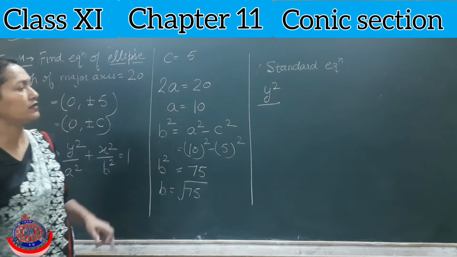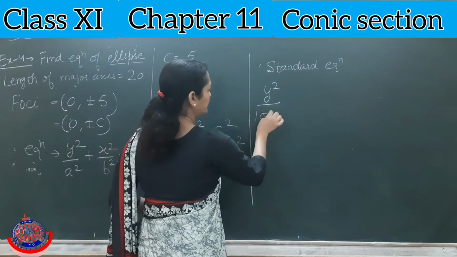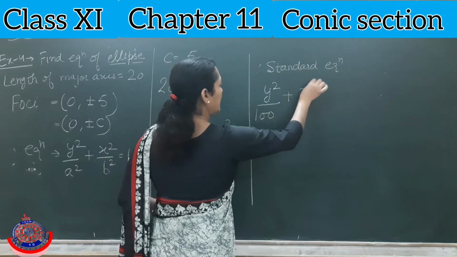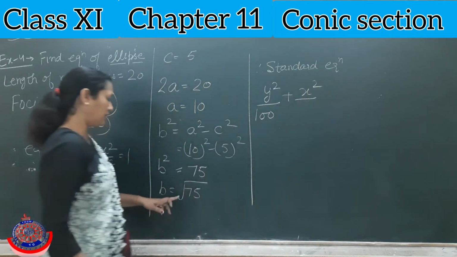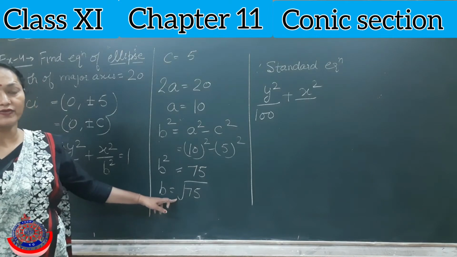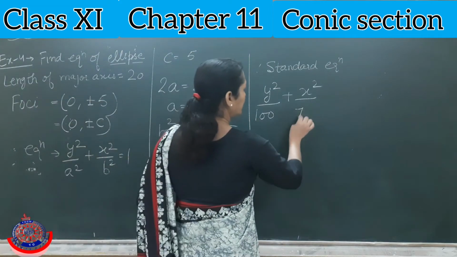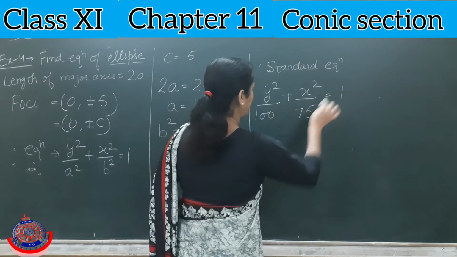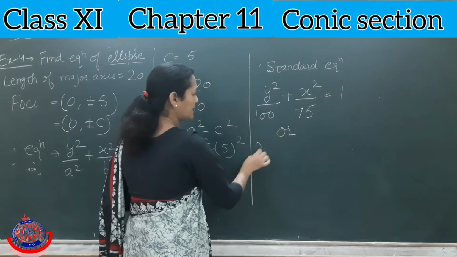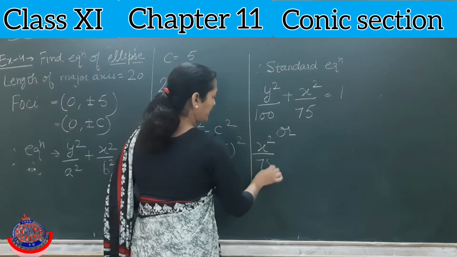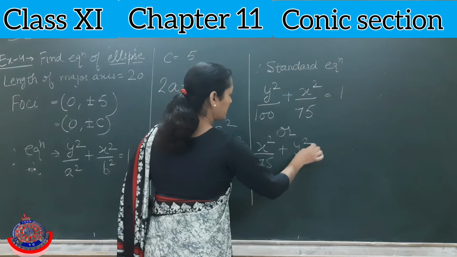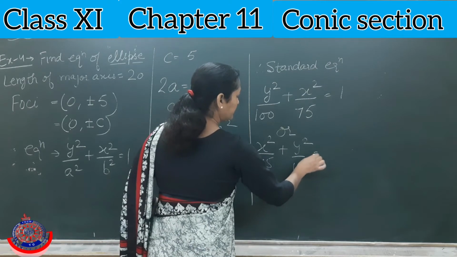A means 10, so 100, plus x square upon b square. Root 75 square will be 75, equals to 1. Or it can be written like this also, x square upon 75 plus y square upon 100 is equal to 1.